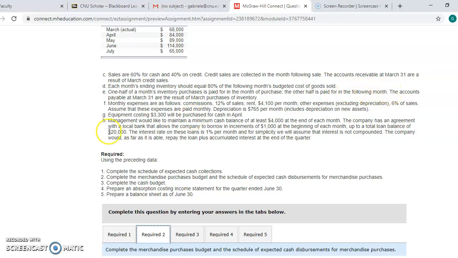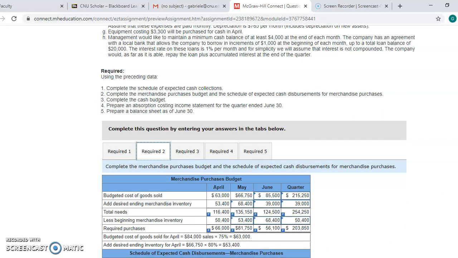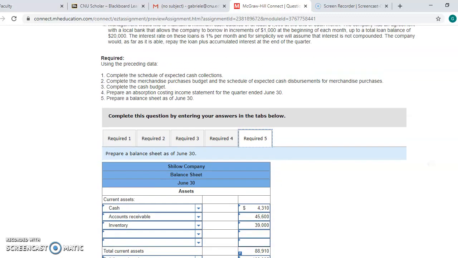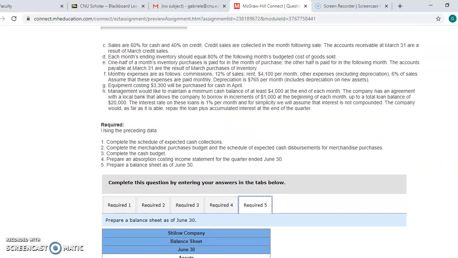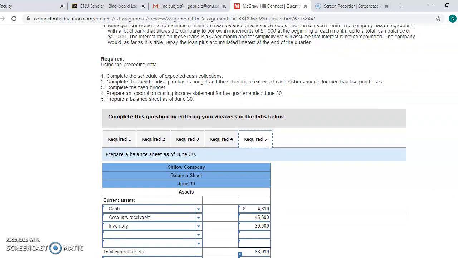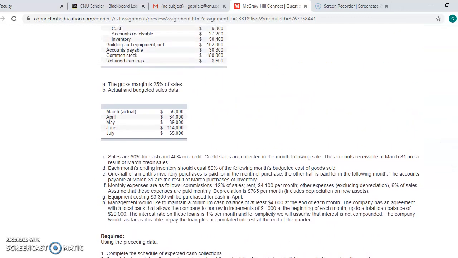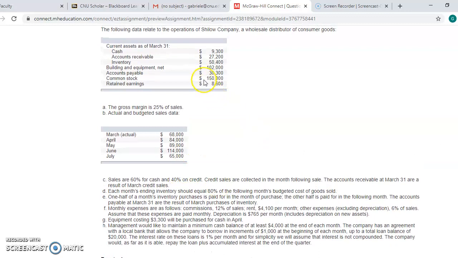And that says the accounts payable at March 31st are the result of the March purchases of inventory. So one half of a month's inventory becomes accounts payable, and that's how you ended up with the 28,050 in accounts payable. Common stock, I do not believe changed. Let me double check here. Nope, no change to common stock. That was already 150,000 right here, same balance.